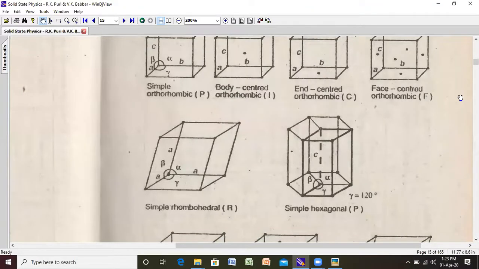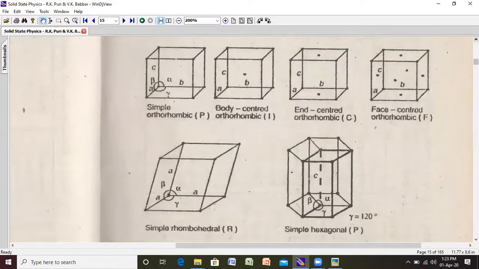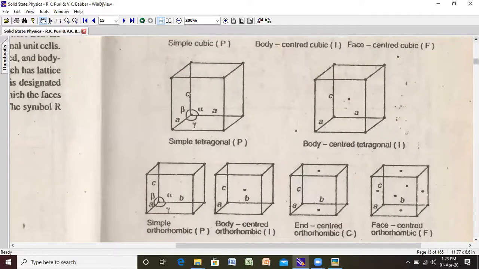The answer is that in some systems, when we draw a body-centered structure, it will give another existing structure. So we do not have to draw that structure. For example, in cubic, if we draw an end-centered system, that is already present another way in the orthorhombic.